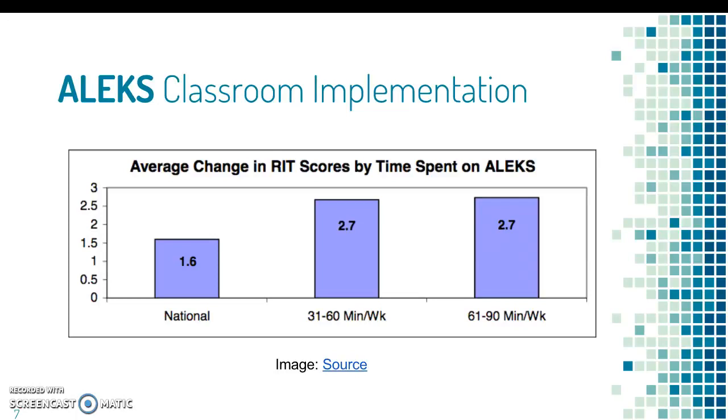So these RIT scores in my district are used to determine if students are making growth throughout the year. And obviously, by this implementation shown in Laverne's study, students are making more than national average growth. So that proves that students make more growth through this product in regards to the MAPS test, which is exactly what my students are tested on.